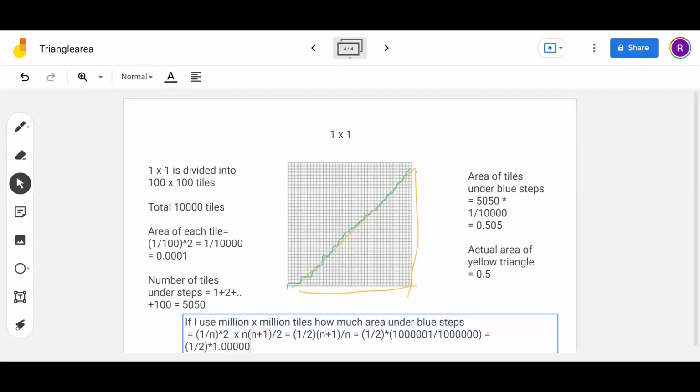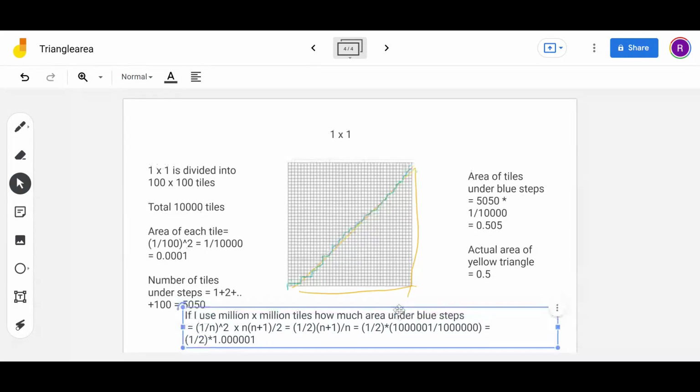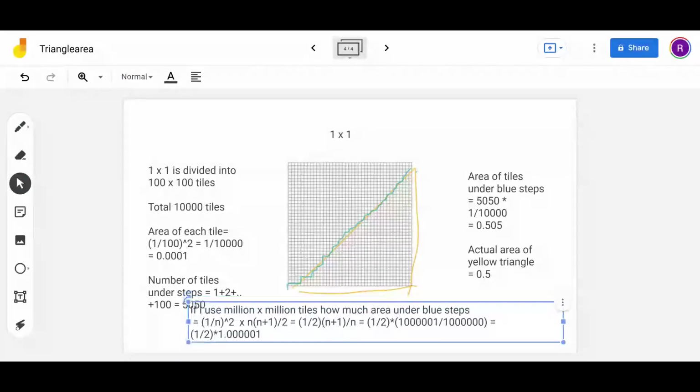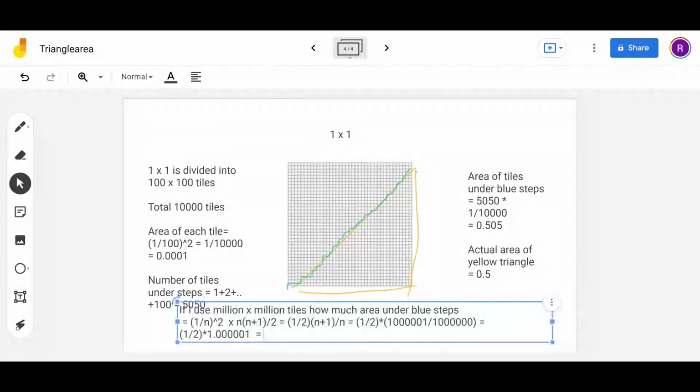Okay. So it is half times very close to 1. And someone tell me how much this is exactly? Half times 1.000001, 5 zeros.